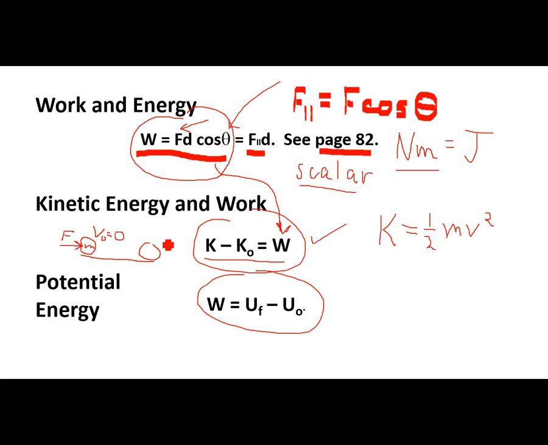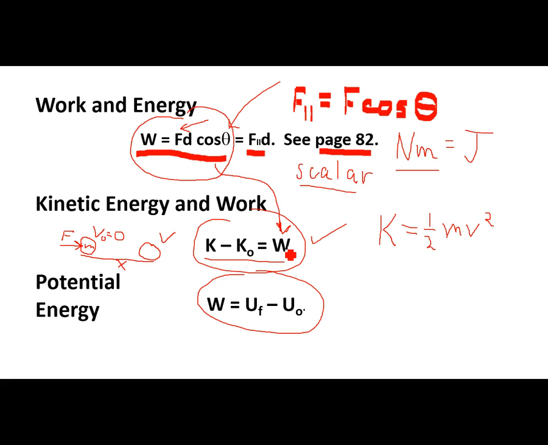Okay, and it gets over here, it's got some velocity, it's traveled a distance x. It didn't go up or down at all, so there's no change in potential energy. So the only change is the object went from having no kinetic energy, or K0 is 0, to having some kinetic energy because it has a non-zero velocity.